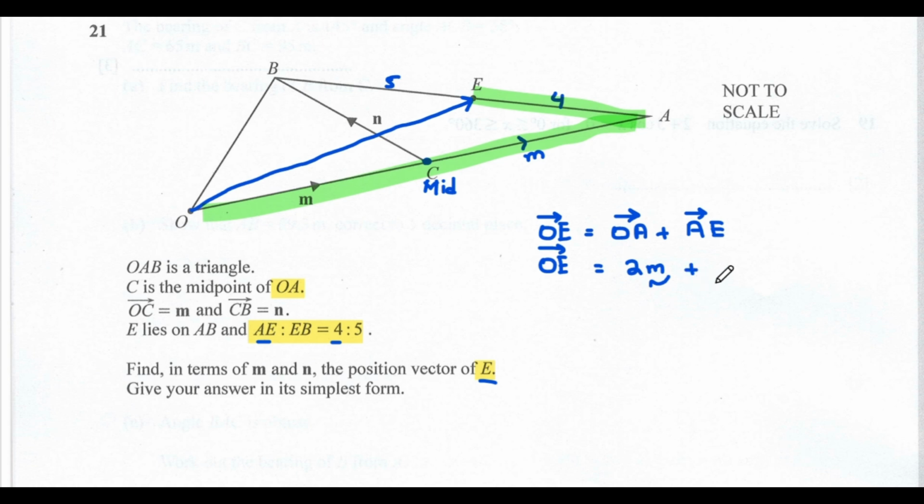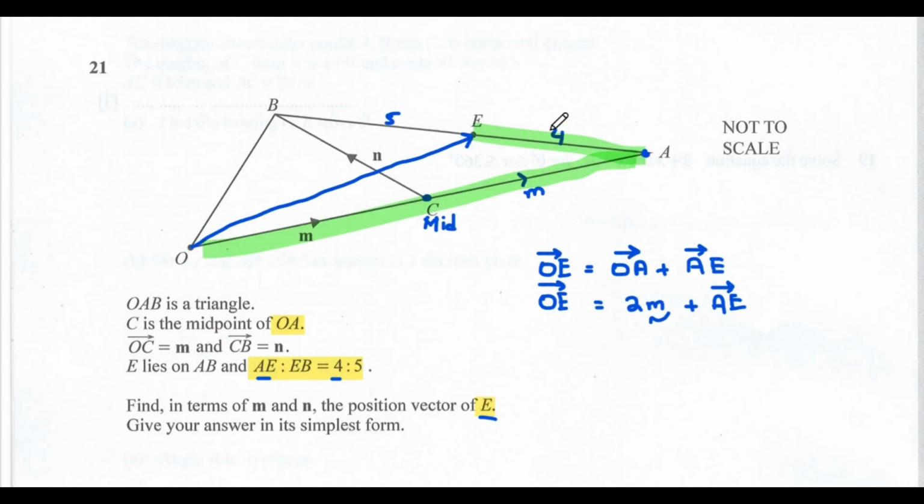And we have to figure out what AE is. AE is a part of AB, so we have to figure out AB first. For AB, we can go from A to C and from C to B. That means I can write the AB vector as AC vector plus CB vector.